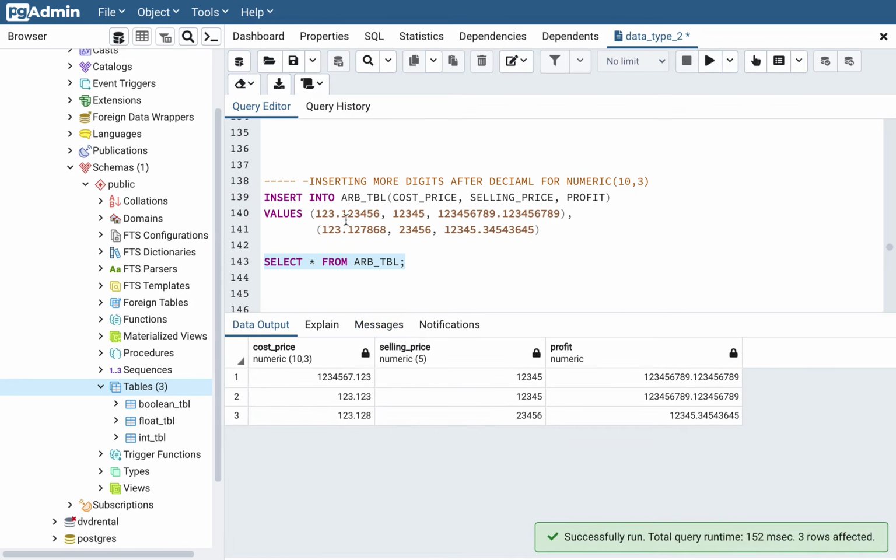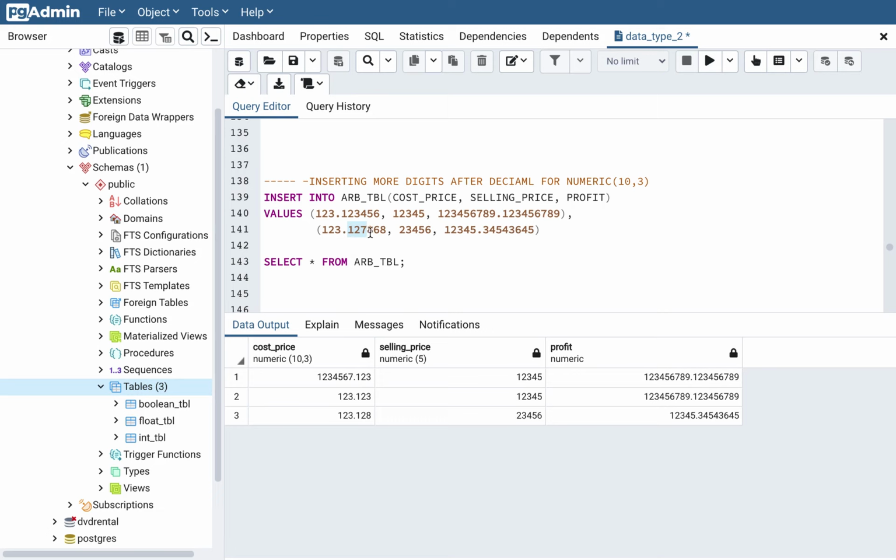You see here, it has accepted these two values after rounding off. Because if you see here 1, 2, 3, 4, 5, 6, since it can accept only 3 digits, it is trying to round off. Since 4 is less than 5, it has left 1, 2, 3 itself. It has not incremented it. But in the second example, when I have 1, 2, 3, 7, 8, it can only accept up to 1, 2, 7.